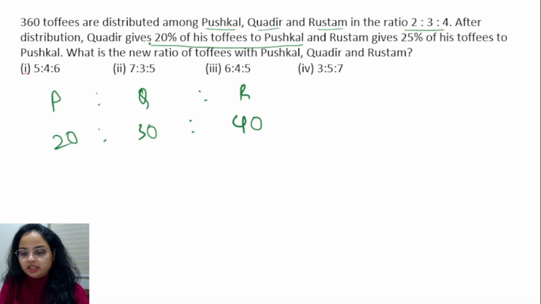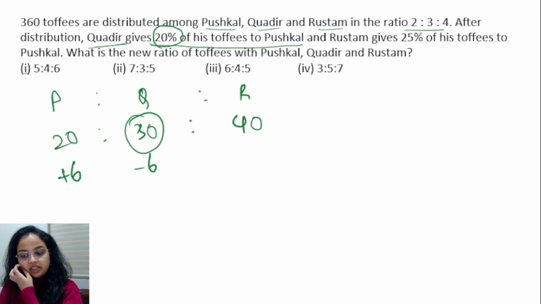See, 20% of toffees are given to Pushkal. Who gave? Kadir gave. In this, Kadir, out of 30, 20% are given. That means 6 toffees were given to Pushkal. Pushkal got 6 toffees more and Kadir got 6 toffees less.